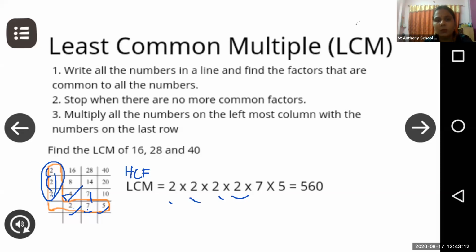Okay, don't worry about it. 16 7s are 112, correct? 112. Now 112 into 5, it is 560. Okay, we will see many sums like this. Wait a minute.